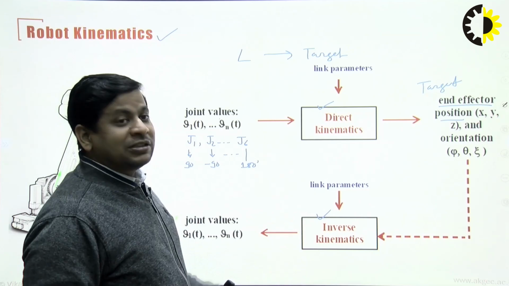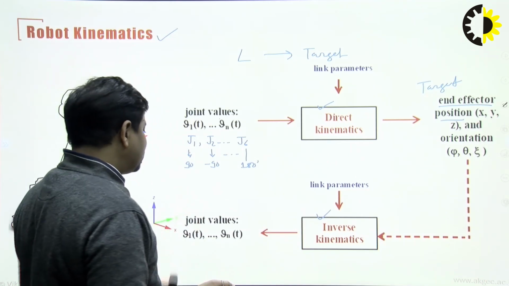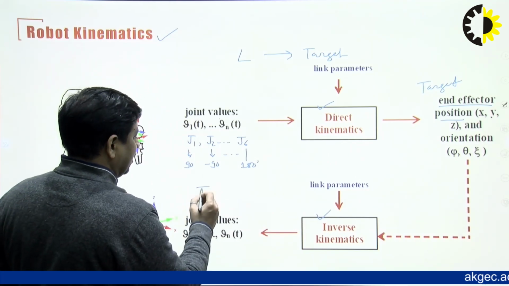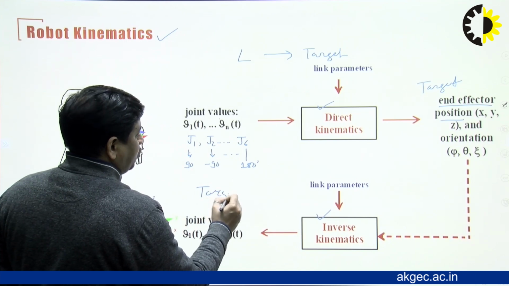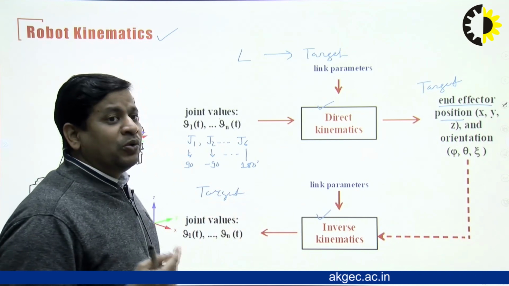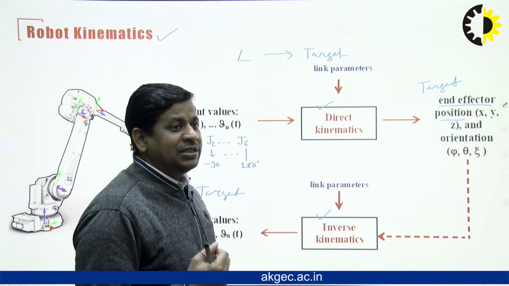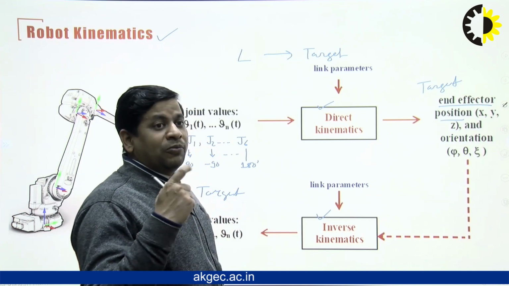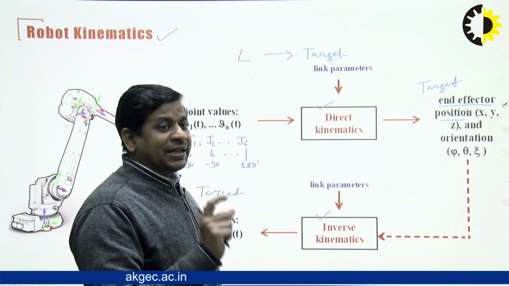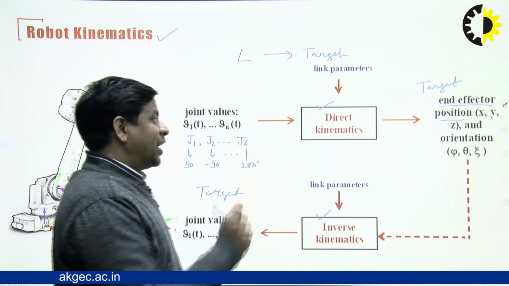And if we just reverse it, suppose I have some target here and through the robot end effector I am trying to achieve that target, meaning I am trying to move my robot so that it can catch that particular target.